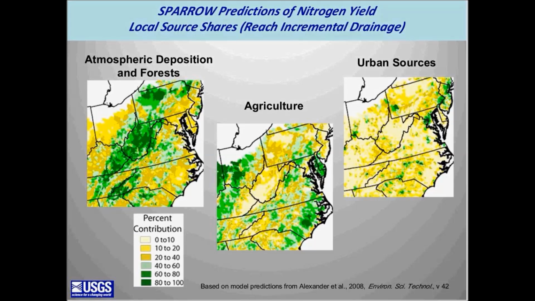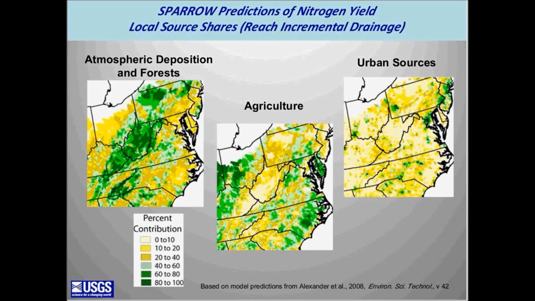So in this slide here, we're showing what the contribution of nitrogen was from atmospheric deposition in forests, what the contribution was for agriculture, and what the contributions are from urban sources. So conceivably, this would be useful information for somebody who might be developing a TMDL, for example, for nitrogen and phosphorus, to look at different sources and how those different sources might affect the downstream water body.